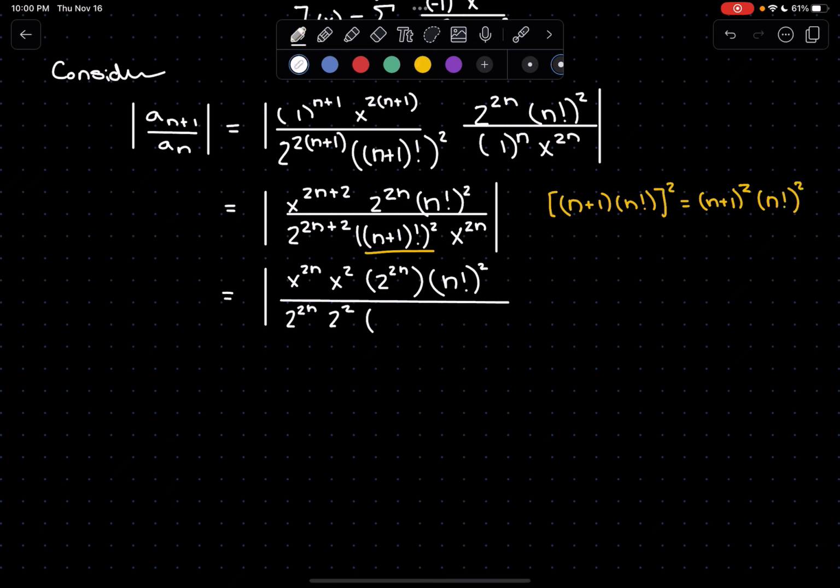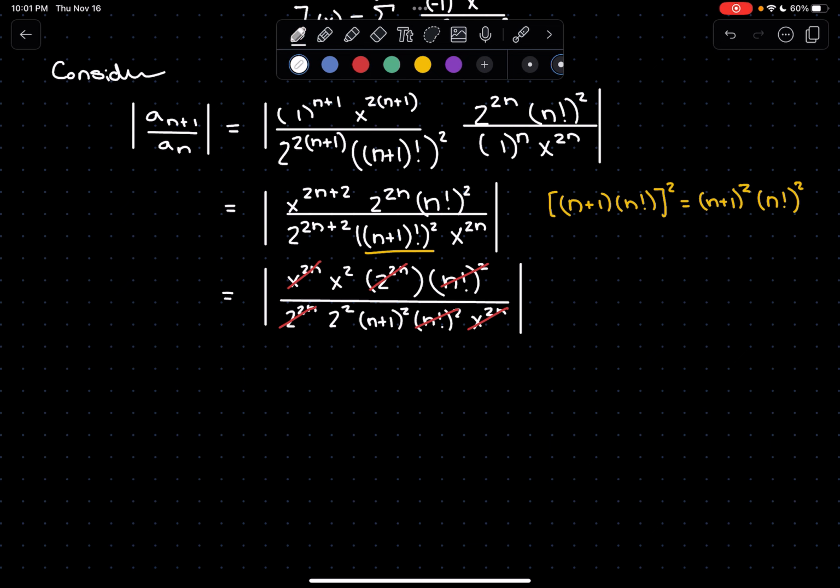Okay, so I'm going to write that out down here. And so I get (n+1) squared times n factorial squared. And what else do I get? I still get x^(2n). Okay, now we see a lot more cancellation. The x^(2n)'s cancel, the n factorials cancel, and the 2^(2n)'s cancel, right?